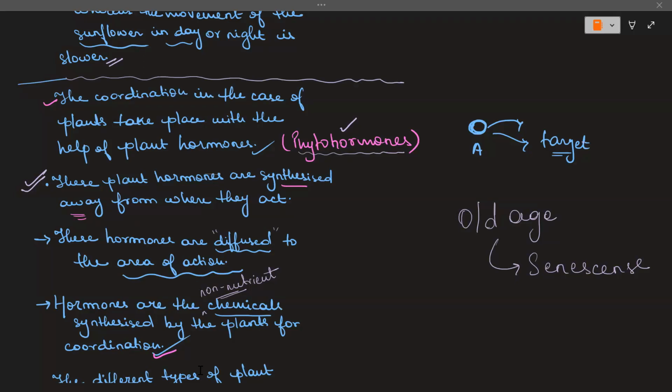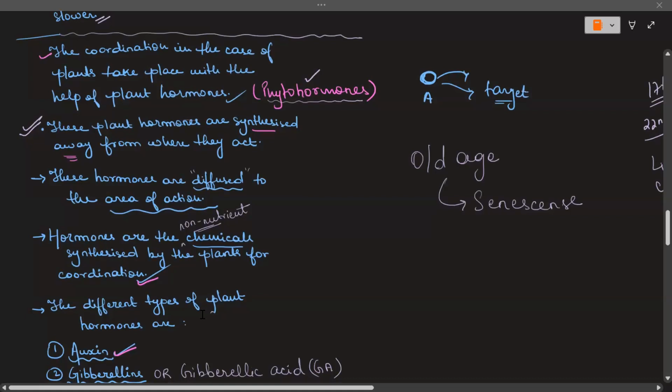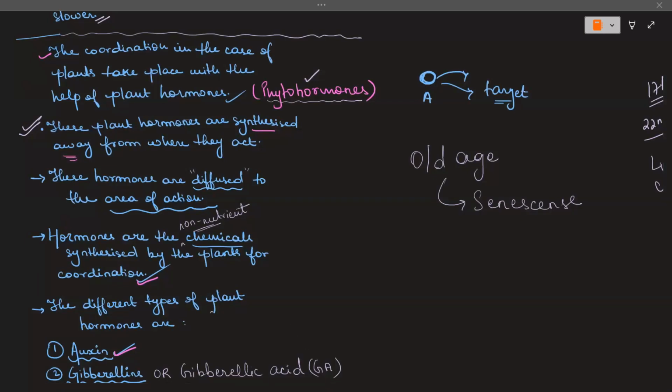Now, as far as control and coordination is concerned, do you people have any doubts in any topic? Is there anything you want me to explain again? Just go through your notes. Take 2 minutes, go through your notes, and then tell me if you have any problem.